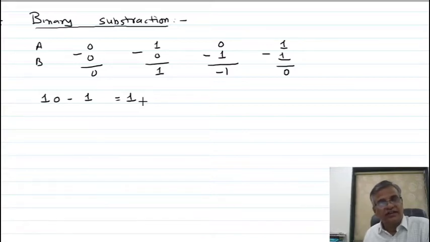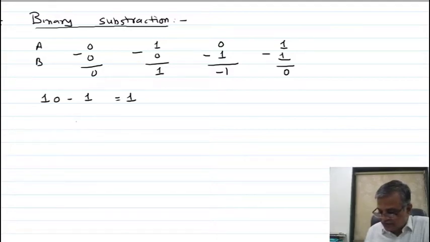Here, as you take the borrow from the previous digit in the decimal number system, similarly you can write here borrow and difference. Look here, I am showing you the rules for 2-bit A and B for binary subtraction.